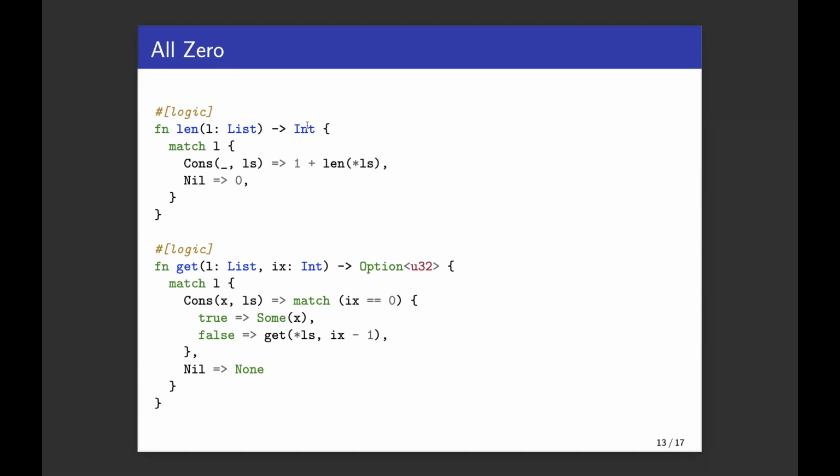This is another addition in our program logic. It's int, the type of mathematical integers. So we have support for things like unbounded integers in our program logic. But as a result, you can see these two functions are rather simple. And so we define our length in a recursive manner, and get, which is just the nth accessor for our linked list, as well.